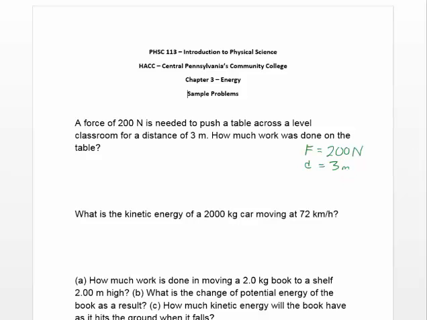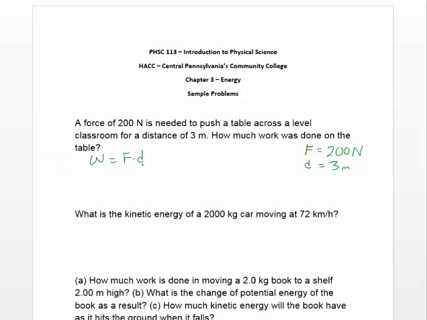So how much work is done? Work is equal to the force times the distance, and in this case we're pushing it across a level floor, so the force is in the same direction in which it's moving.